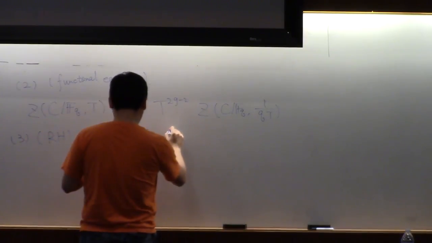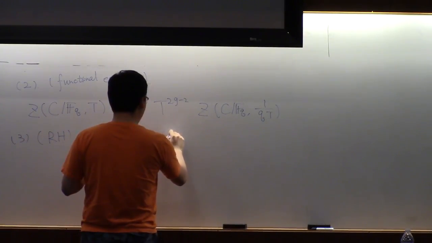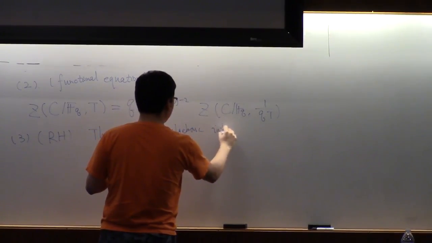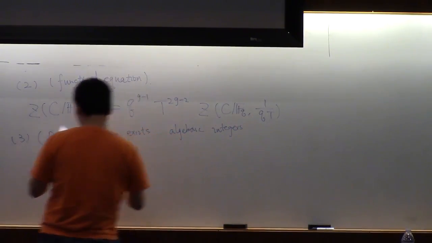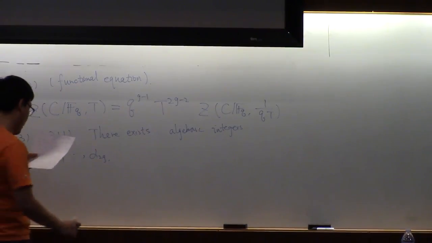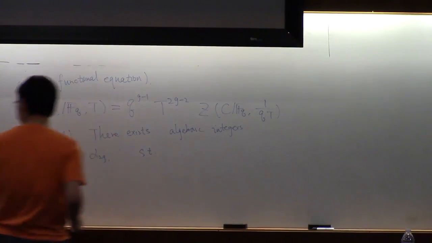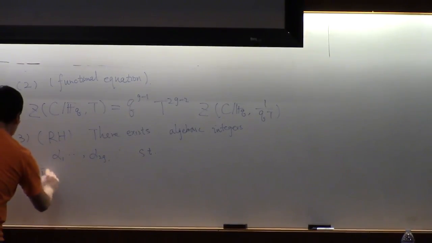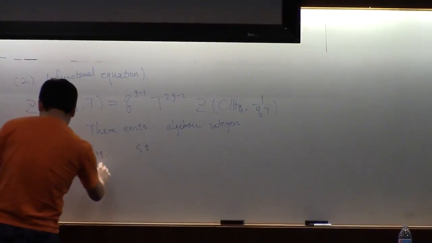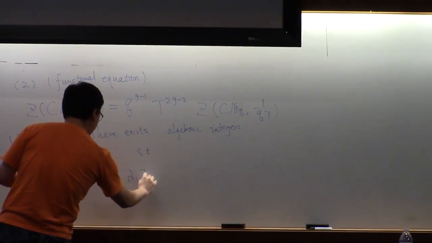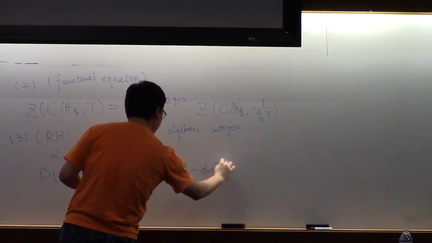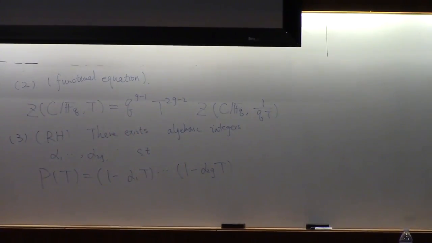We can find algebraic integers alpha 1 over 1, up to alpha 2g over 2g, such that we can decompose the numerator as the product of these 2g linear functions.